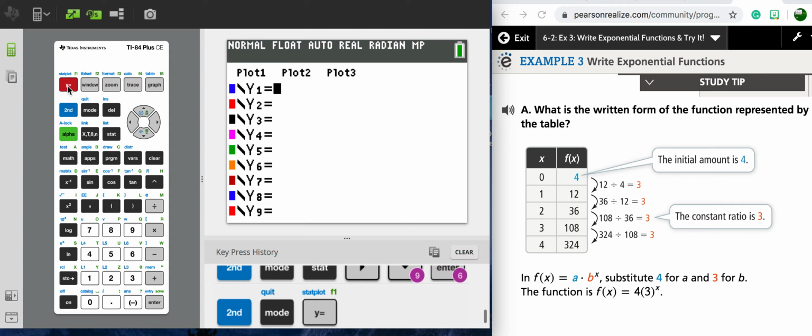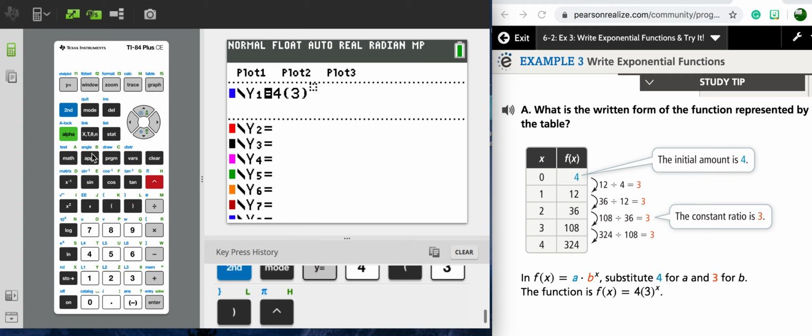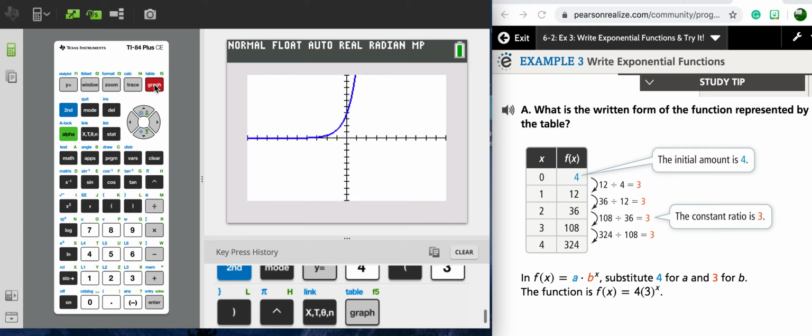Y1 is equal to, so the initial value was 4 times 3, close parenthesis, to the power of x. And here next to alpha is the x value, you press x.